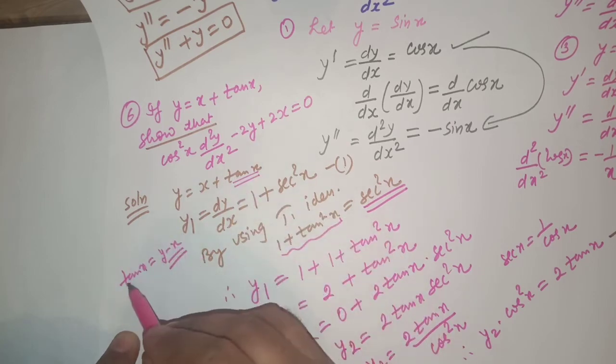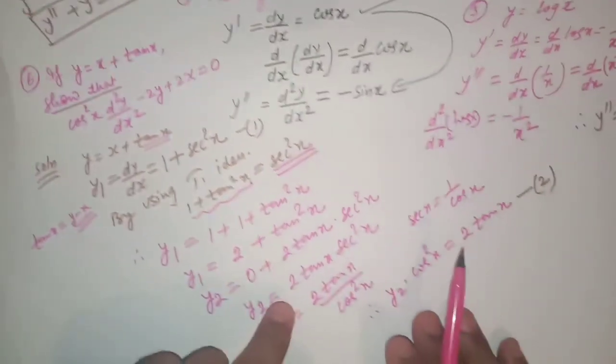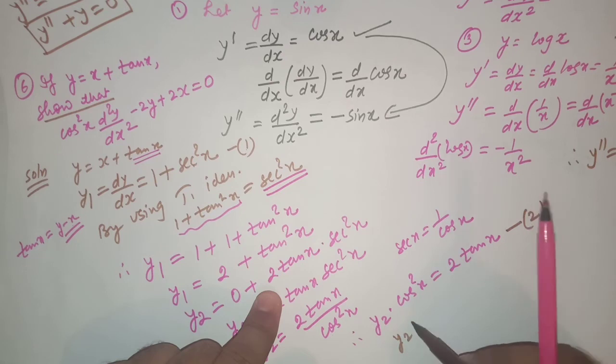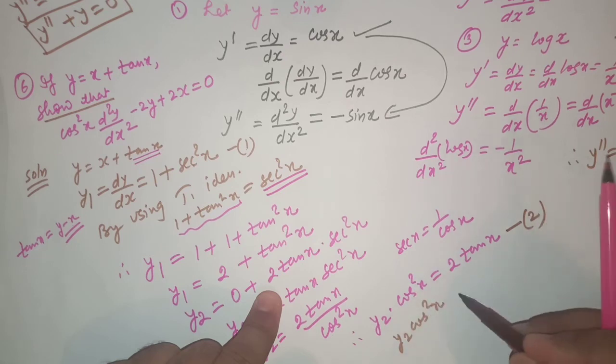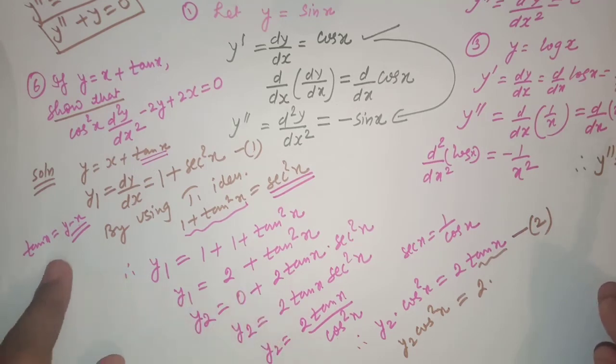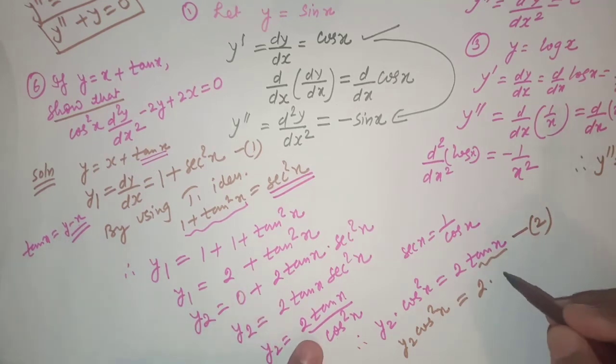So we'll substitute tan x equal to y minus x in this equation here. So we have y2 cos square x equal to 2 times tan x. Tan x is y minus x, so we write it here, y minus x.